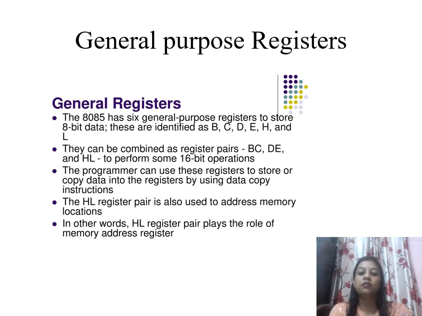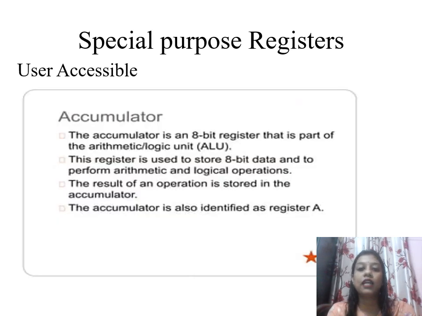There are many assembly language instructions which you will be seeing in this chapter, in this subject. One more benefit of the HL register is that it is generally used as representation of a memory location and it is denoted by M.